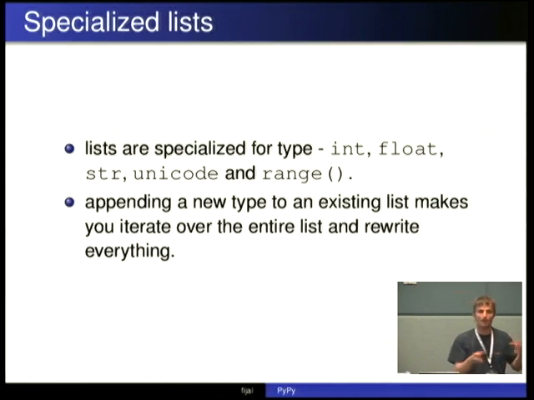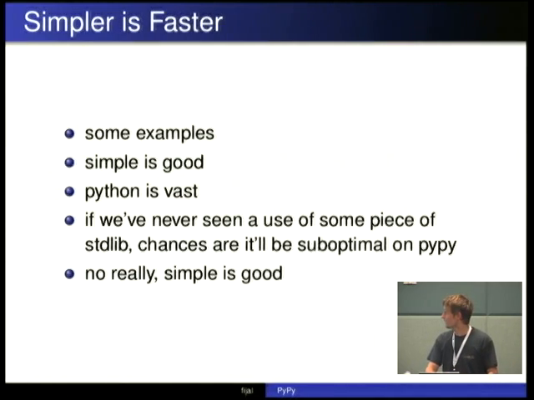If you, for example, append a non-int to an int-only list, you will have to rewrite the entire list with objects, and that's quite expensive. So this is another example of a heuristic that's very helpful in most cases, but sometimes it's in your way. I have some examples, and generally simple is good.